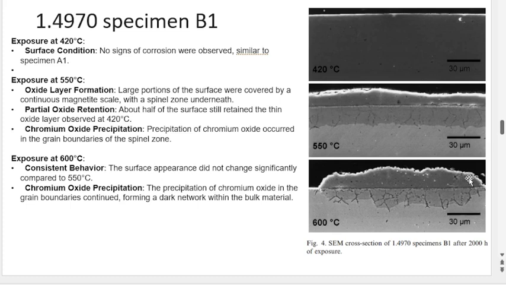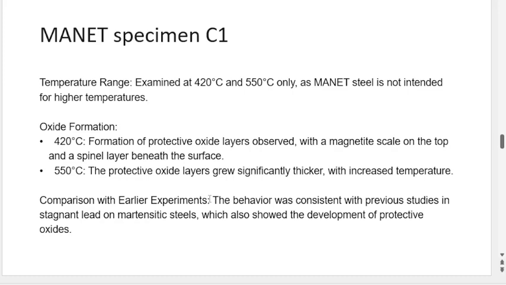The oxide is not homogeneously formed, but we can still see the formation of the oxide layer, magnetite, and below that we have the spinel. And we can see also the chromium oxide precipitation that forms in the grain boundaries.